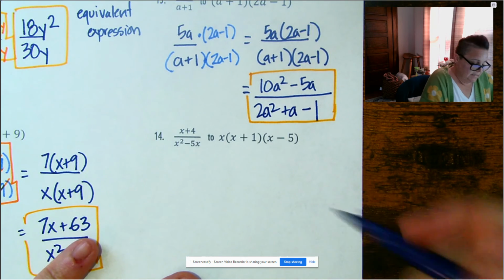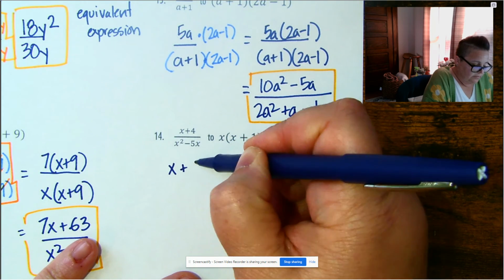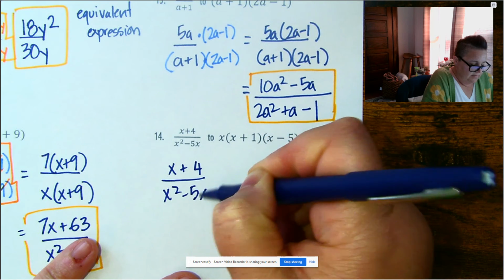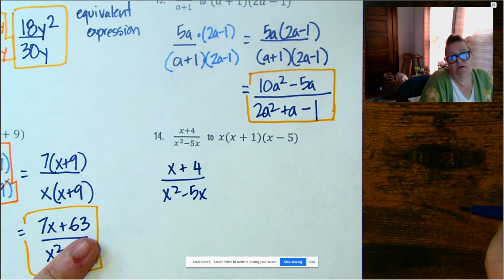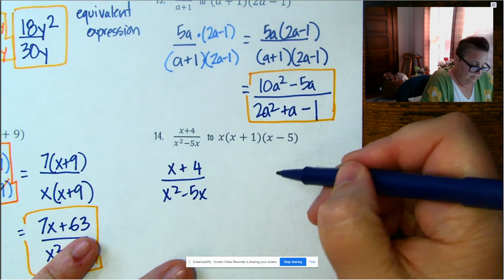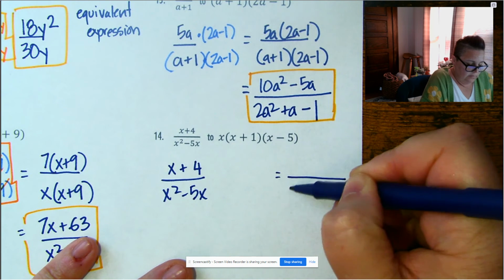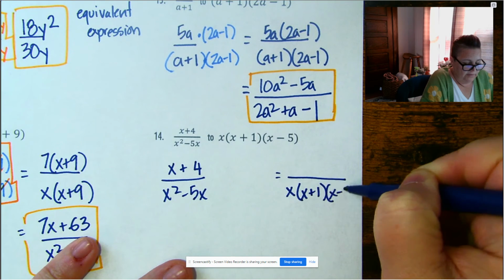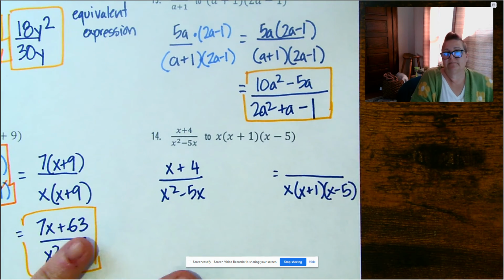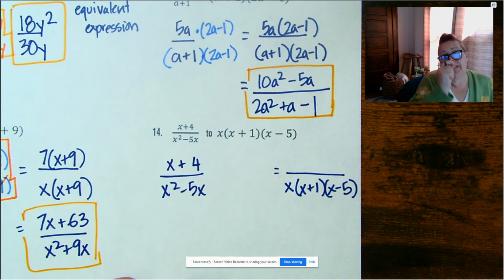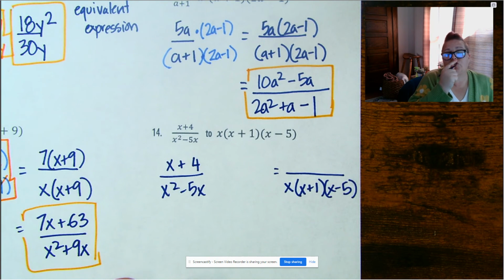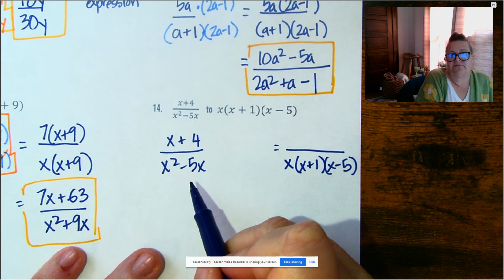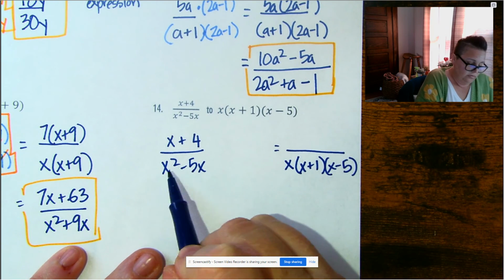Number 14, we have an x plus 4 over x squared minus 5x. We want to convert this so we have an x plus 1, x minus 5 in my denominator. Now, this one is a tad bit interesting because you do need to recognize that this x squared minus 5x is factorable.